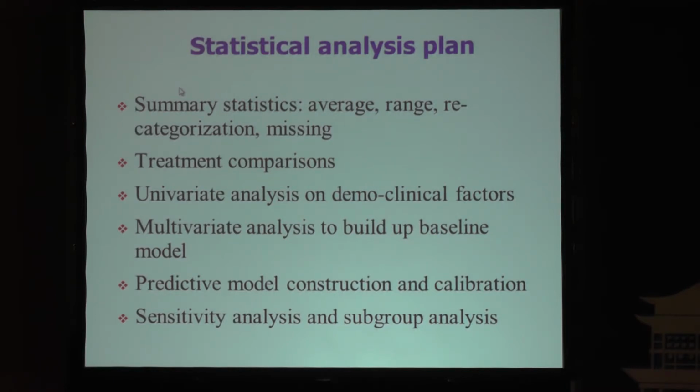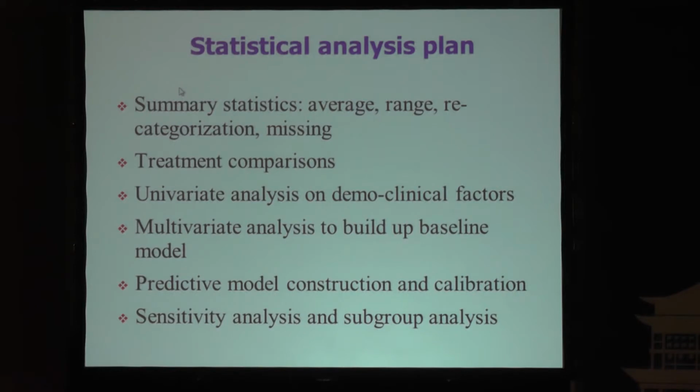But on the other side, some observational studies can be quite straightforward. Here, I just try to give some outline for the analysis plan, starting from the summary statistics. Summary statistics seem quite easy, but they can give you a rough idea of the data structure and the range of the important information captured for the key variables.